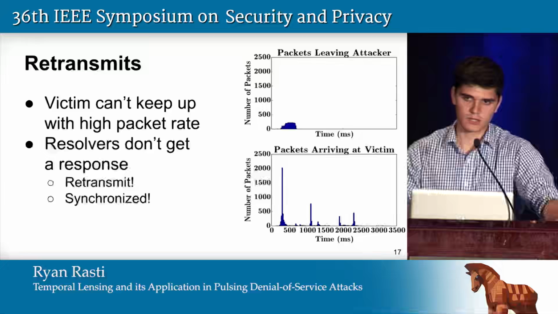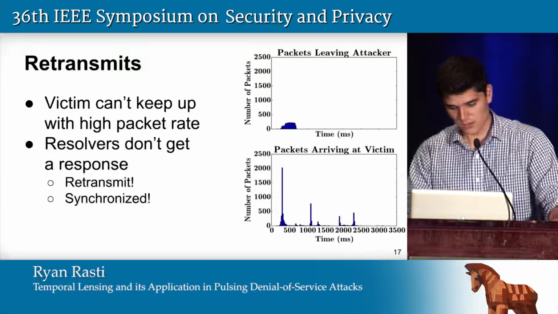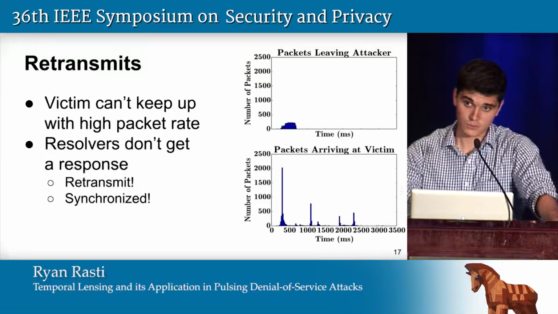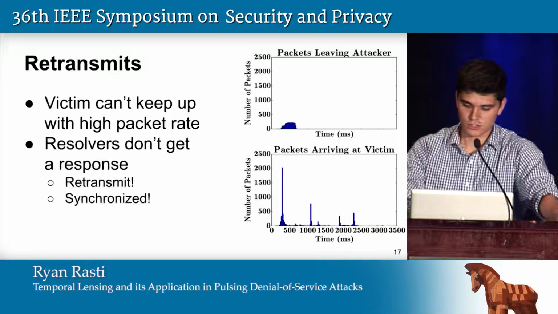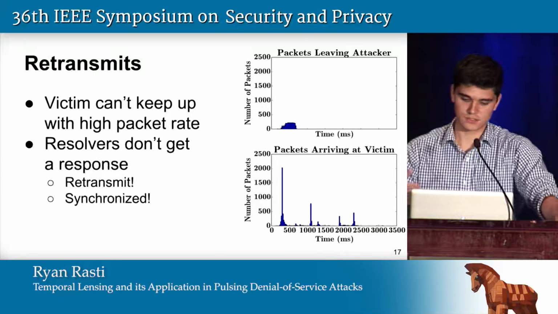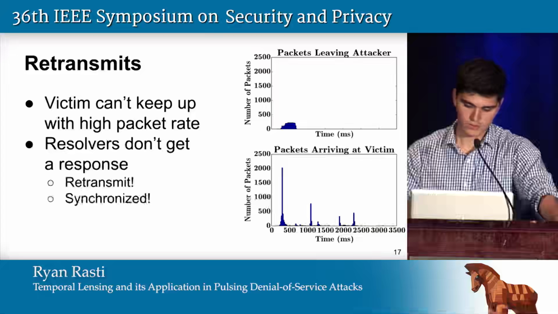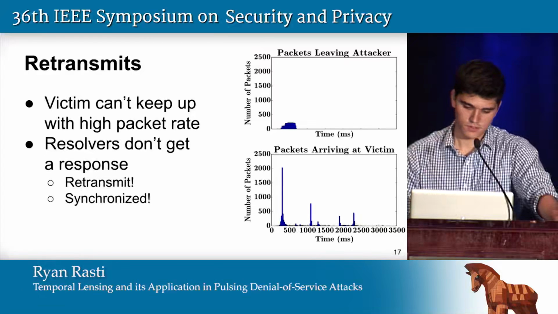That's what you see in the bottom graph, these auxiliary spikes. Because their timeouts are usually 0.8 and 2 seconds, you'll see these spikes at 0.8 and 2 seconds after the original pulse.